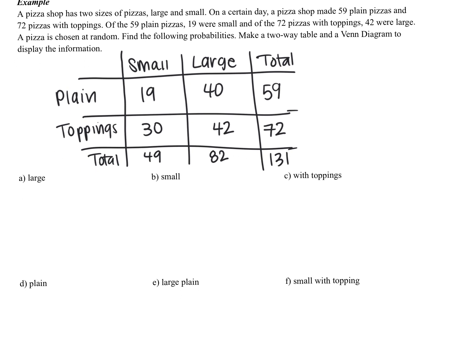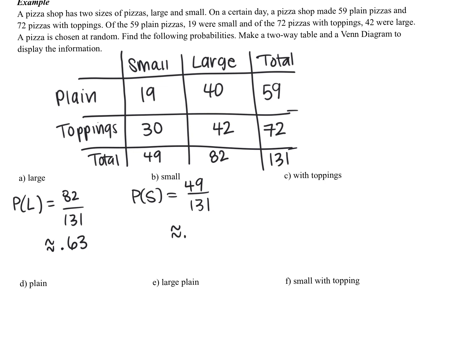So let's go ahead and do some probabilities. So probability of pizza is a large, so probability of large. So 82 over 131, which is approximately 0.63. Next one is the probability you get a small pizza, which is 49 over 131, which is approximately 0.37.